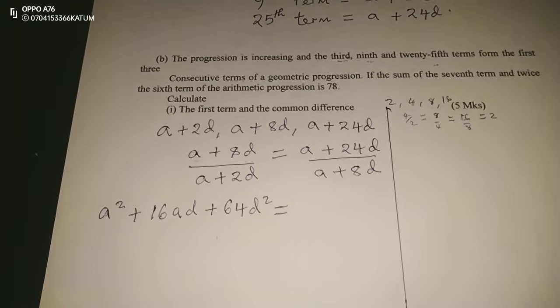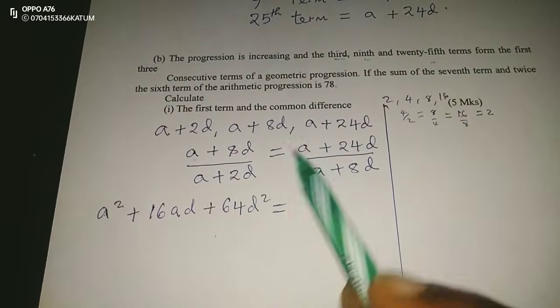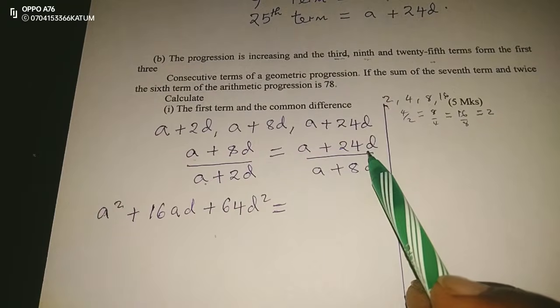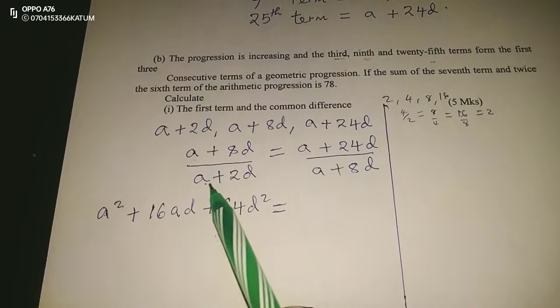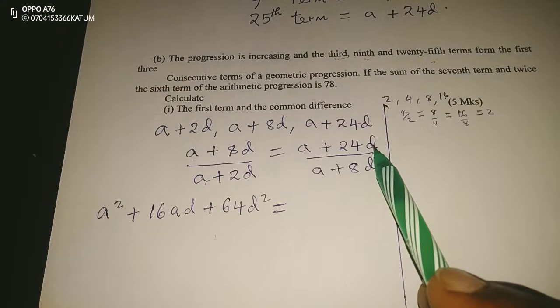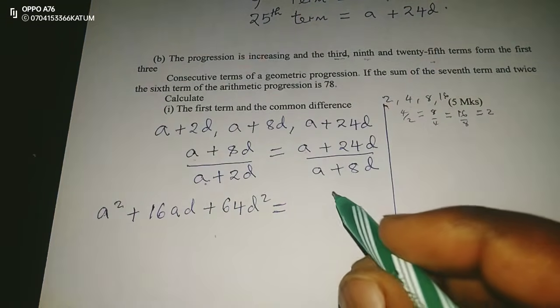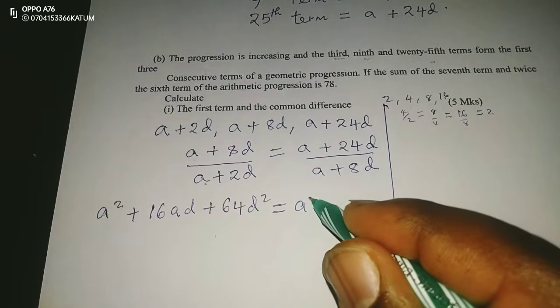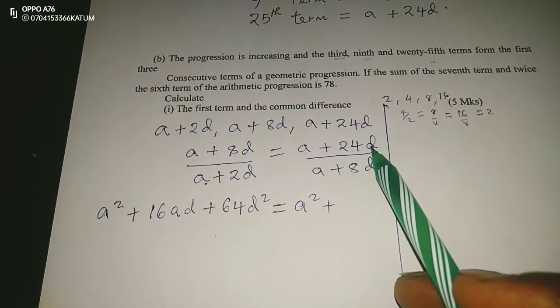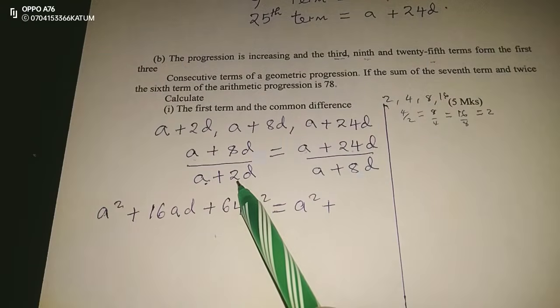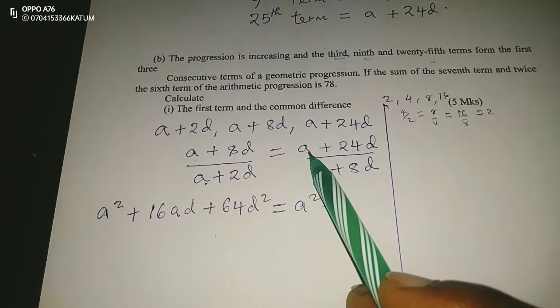to, now we can also cross multiply the other side, whereby A should multiply everything here, and we'll get A squared plus 24AD. A squared plus A times 24D will be 24AD, plus again 2D times A to become 2AD.